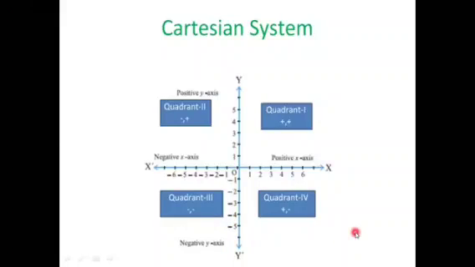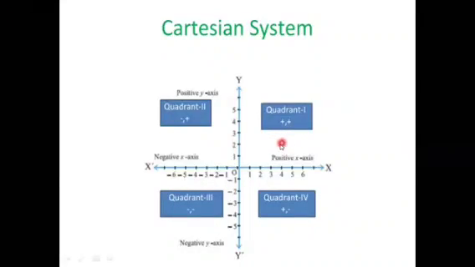Now, the x and the y-axis, that is the x dash, y dash axis, actually divide this plane into four regions. And these regions are known as quadrants. So we have quadrant 1, quadrant 2, quadrant 3, and quadrant 4. Now, a point in this region, that is in quadrant 1, would have the x and the y coordinate as positive numbers.